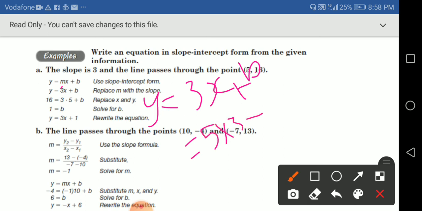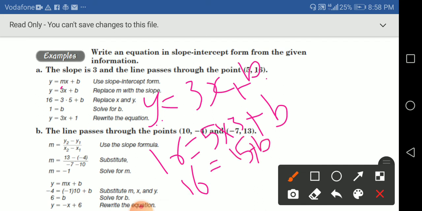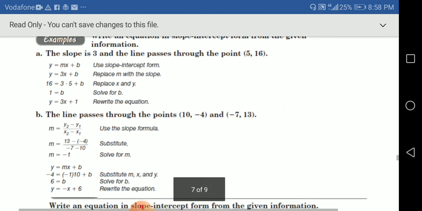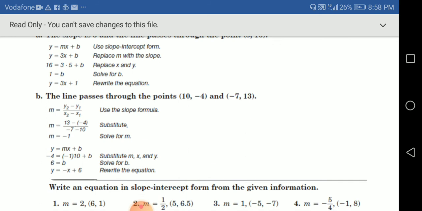So 3 times 5 plus b, and y equals 16. So 16 equal 15 plus b. 15 will go to the other side with negative, so b equals 1. So y equal 3x plus 1.